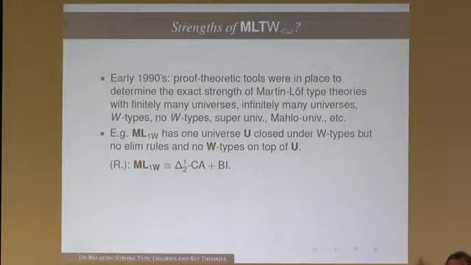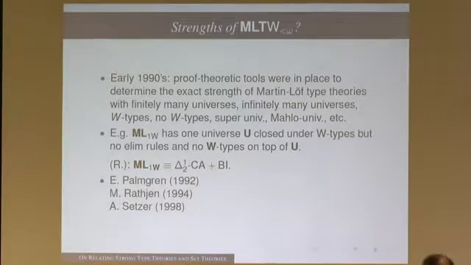So if you have a universe, you can build large types on top of the universe. So here the restriction is that only the universe itself is closed under W types. And then this theory here can be matched to a fragment of second order arithmetic, namely delta 1-2 comprehension plus bar induction. So here at least you see that these theories are not weak. I mean, weak if you compare it, for instance, to the usual scale from reverse mathematics. It's above that scale.